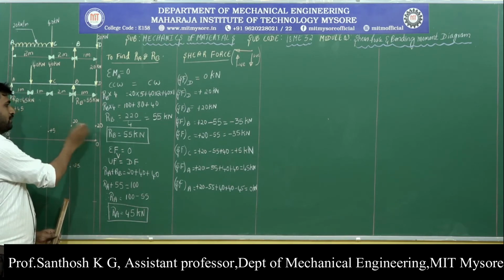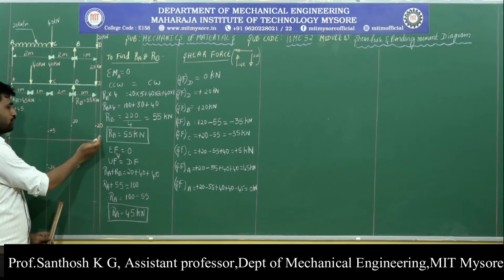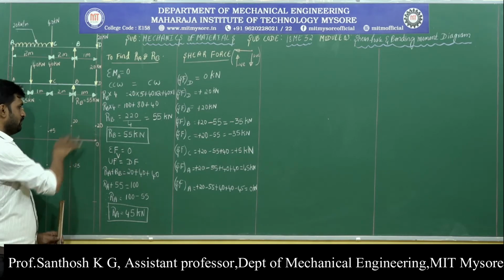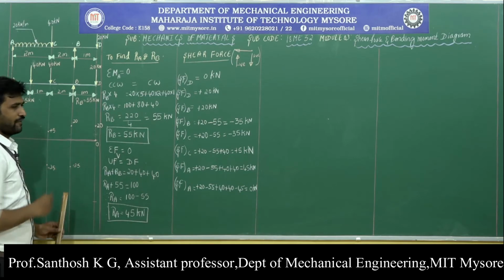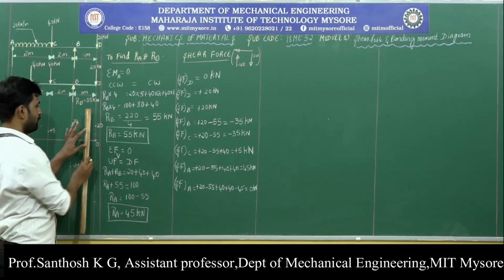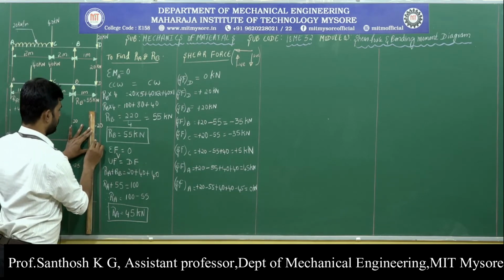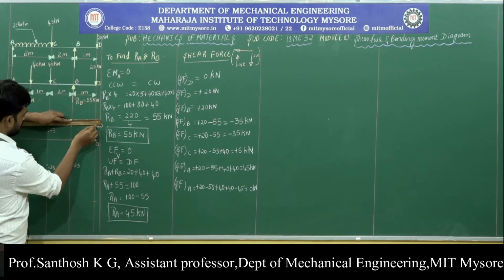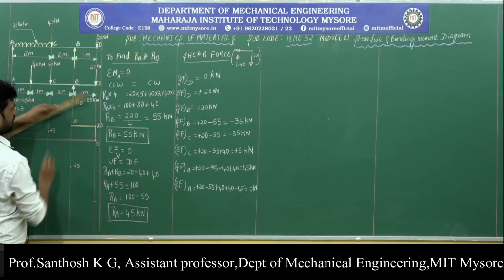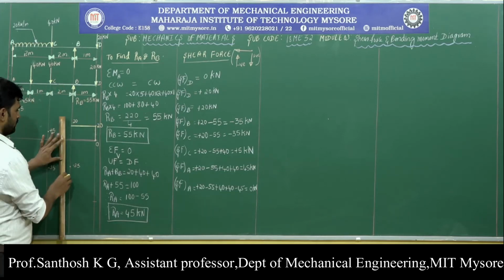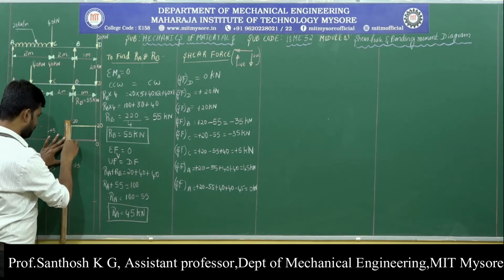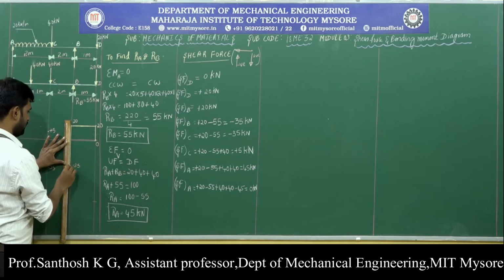Now, in order to get the variation of the shear forces throughout the length of the beam, join the various salient points. First we have 0 to 20, then a constant value of 20, then the shear force reduces from 20 to minus 35.